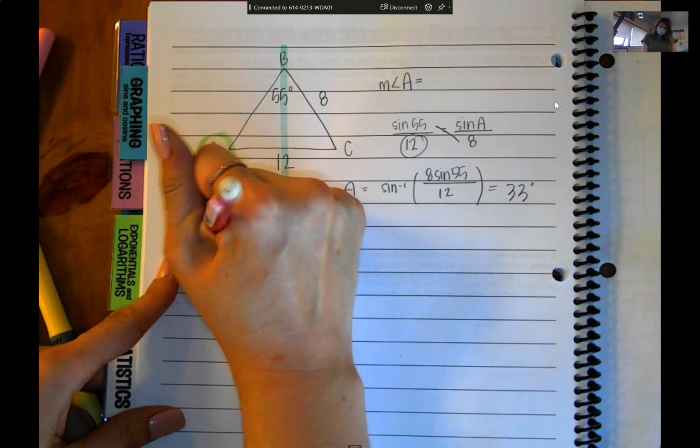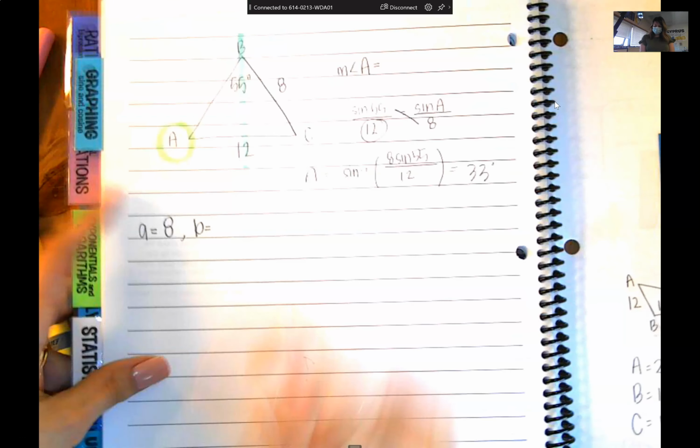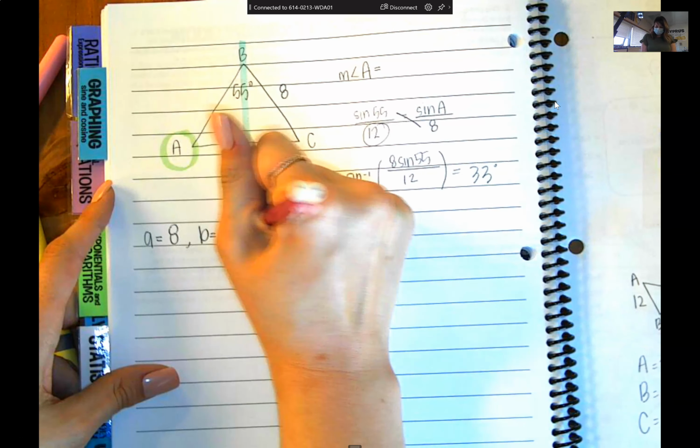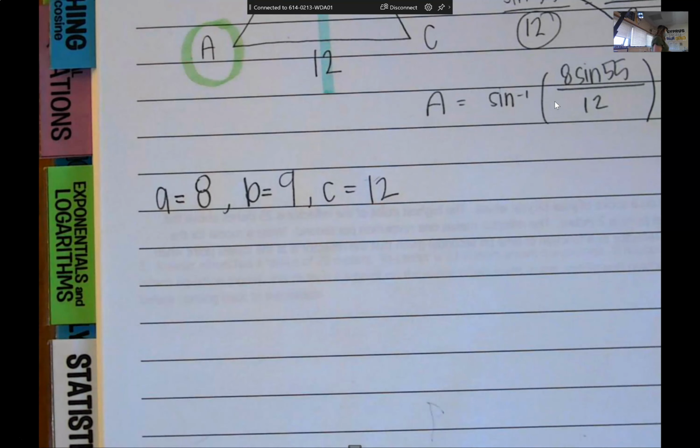Side A is equal to 8. Side B is equal to 9. Side C is equal to 12. So let's just write those down first. Then I'm going to walk you through it.